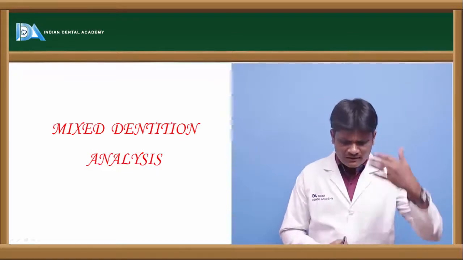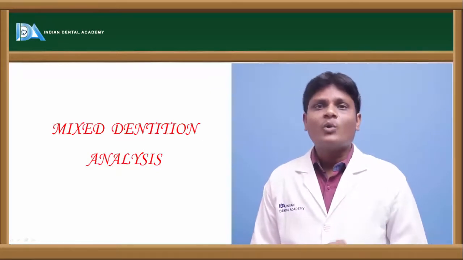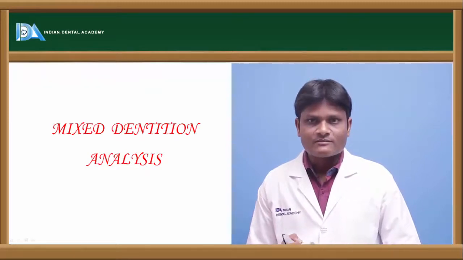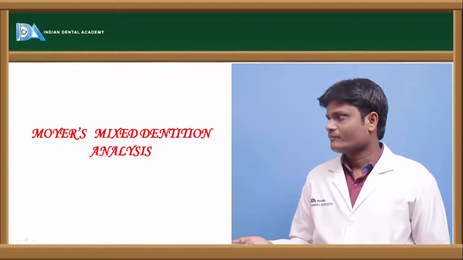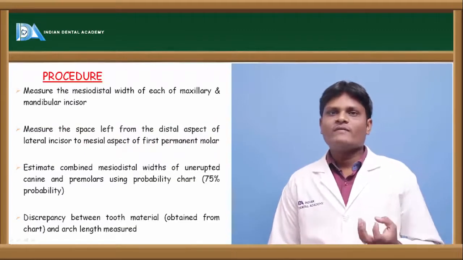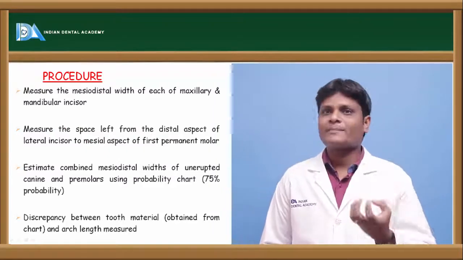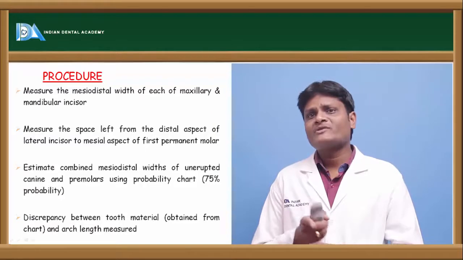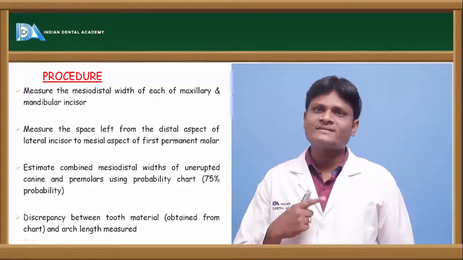As I told you, there are different mixed dentition analyses, but the most important ones are Moyer's mixed dentition analysis and Tanaka-Johnston analysis. Let us look into Moyer's mixed dentition analysis. In this analysis, we will find out the combined mesiodistal widths of unerupted canine and first and second premolars based upon the combined mesiodistal widths of the erupted 4 permanent incisors, both in maxilla as well as mandible.